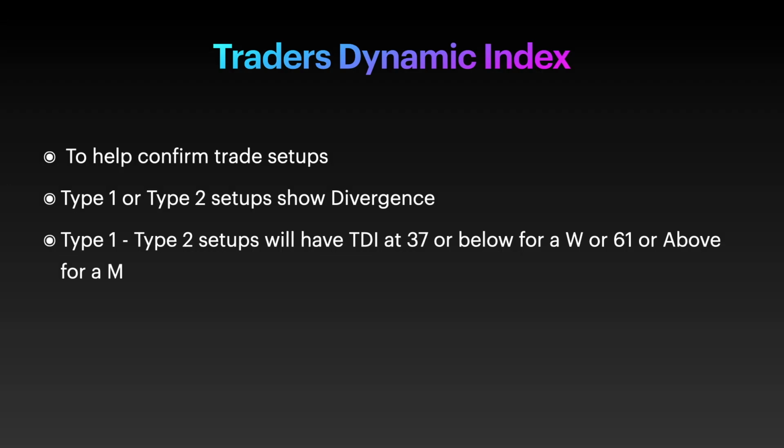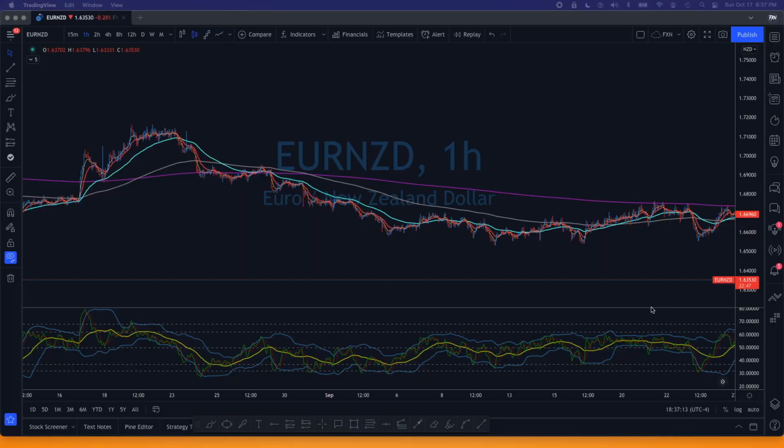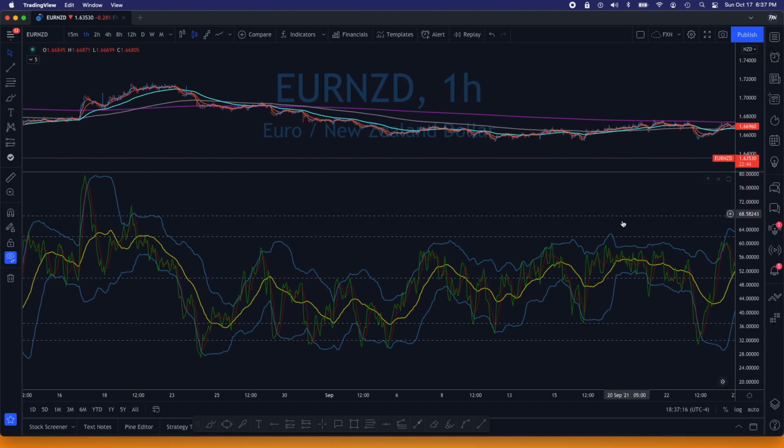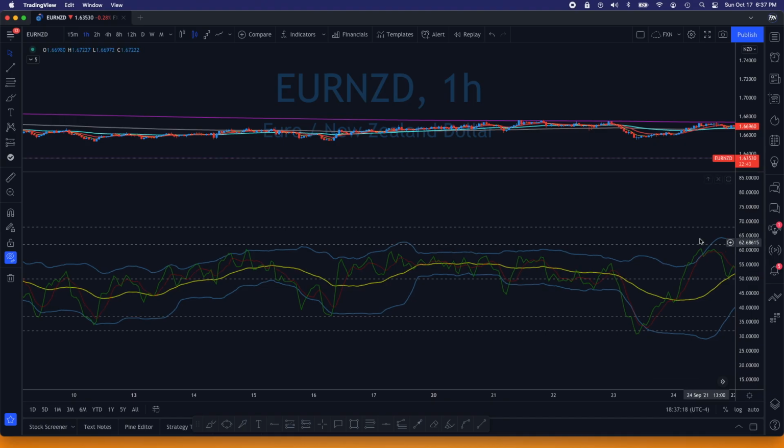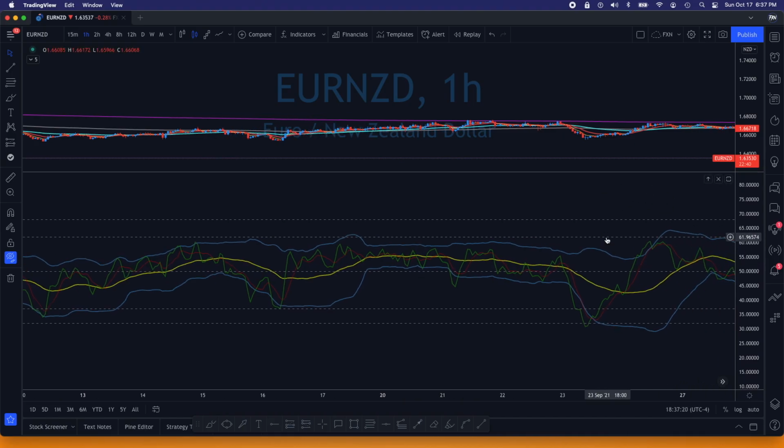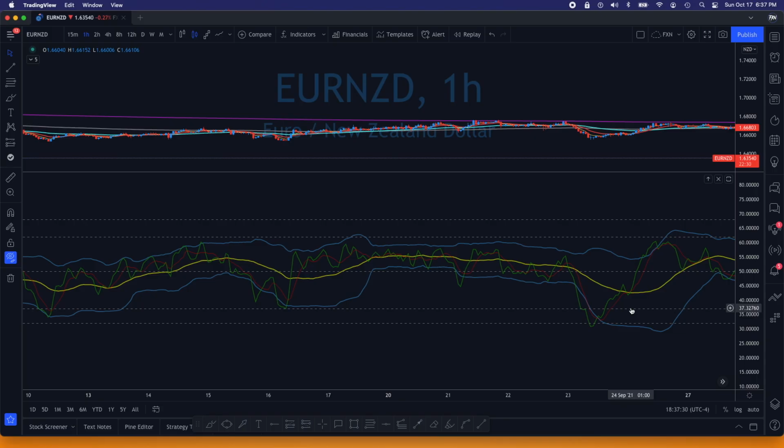So what does that mean exactly? Let me show you. So if you're looking at the TDI, the lines that I'm talking about, this one here, this 61, and then here is the 37 line. So if I'm looking for a buy setup, I'm looking for the TDI to be down here in this range to help confirm.